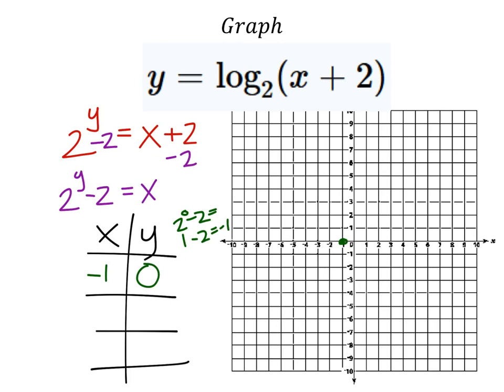Let's also try, what the heck, let's try y is negative 1. So that's 2 to the power of negative 1 minus 2, which is 1/2 minus 2, which is negative 1/2 or negative 1.5. So negative 1.5 and negative 1, about right there.